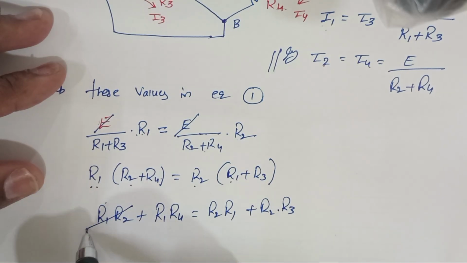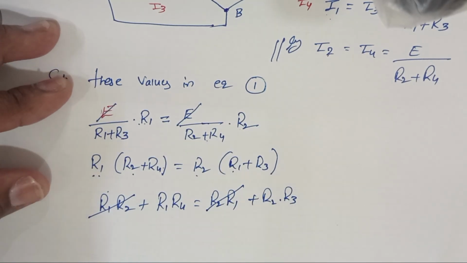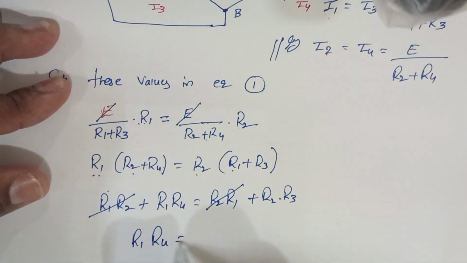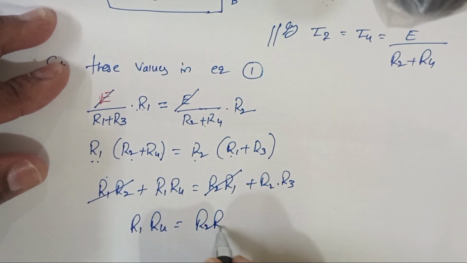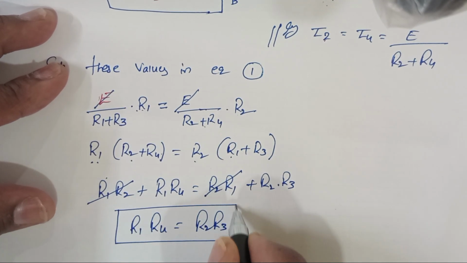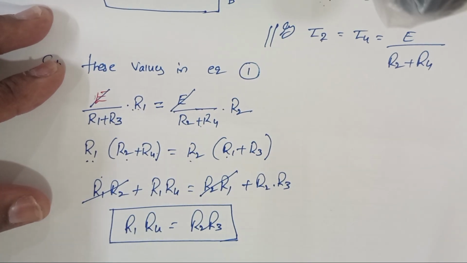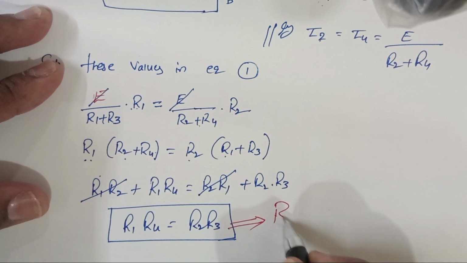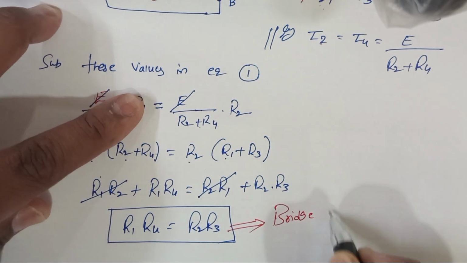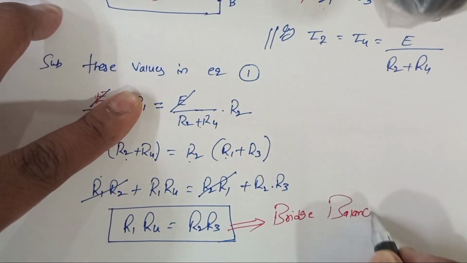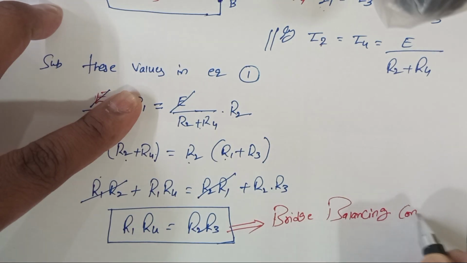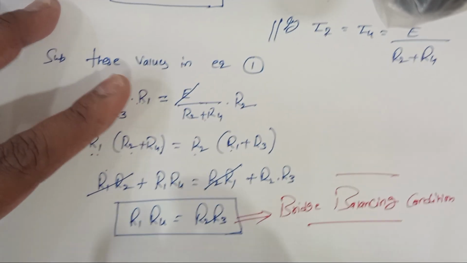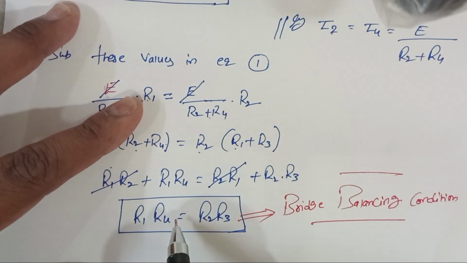Here R1 R2 on both sides gets cancelled. And finally you get R1 R4 equal to R2 R3. It is called the bridge balancing condition. A very important point, the bridge balancing condition.